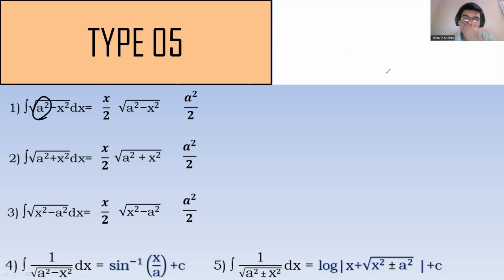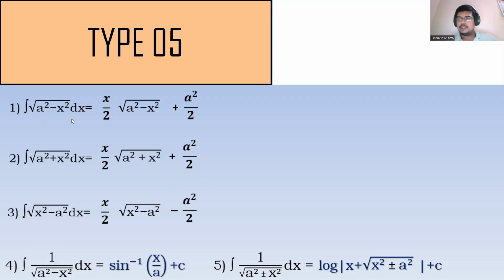Positive. So we'll write plus. In the next one, is a square positive or negative? Positive. And in the next one? Negative.